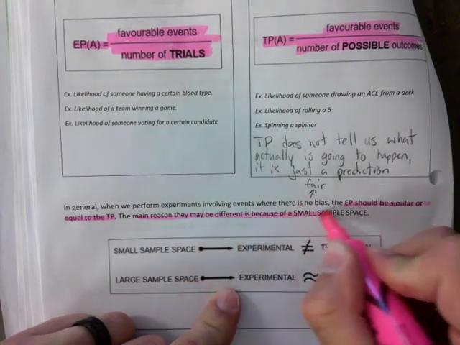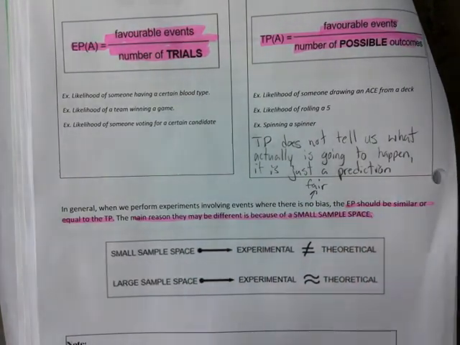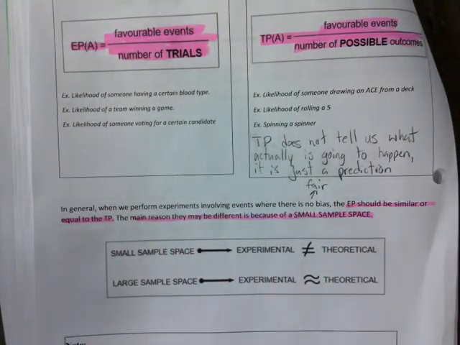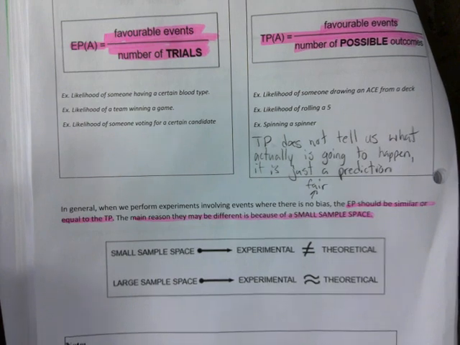The main reason they may be different is because of a small sample space. That's important because we're going to look at how the number of trials we do affects probability. If we roll a dice 6 times, it's more likely that we won't roll a 6 than if we roll a dice 1,000 times.